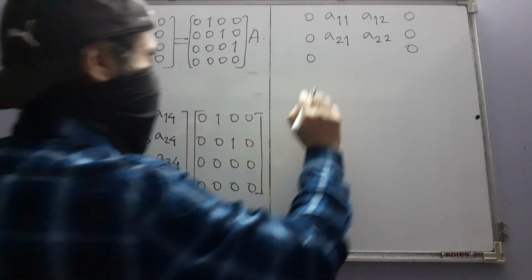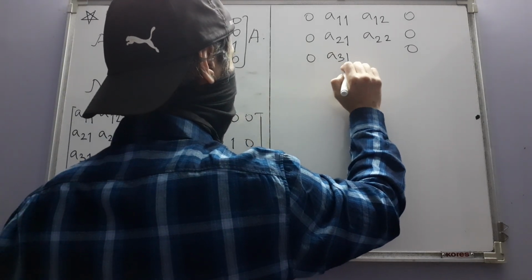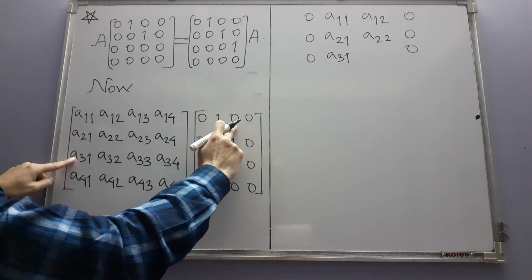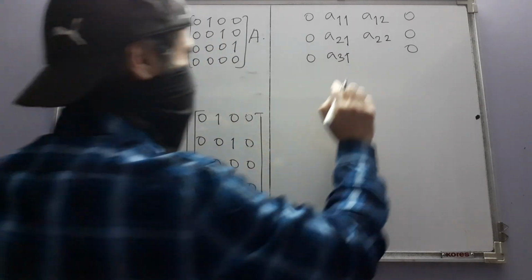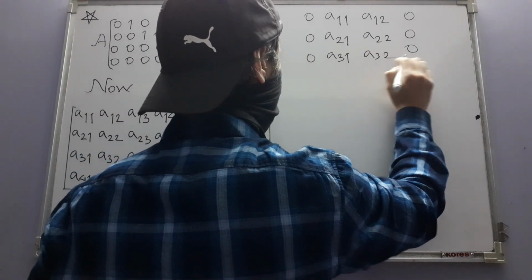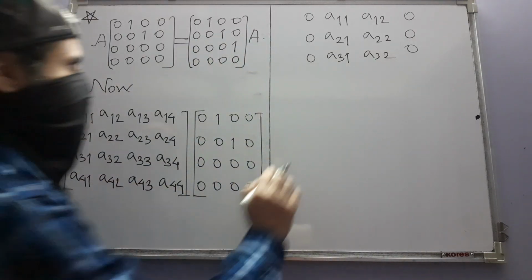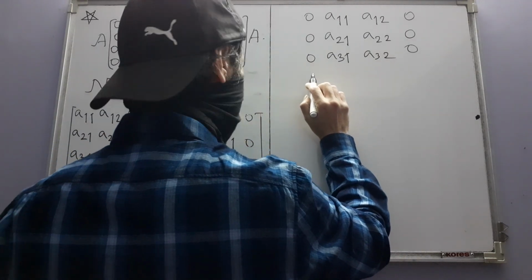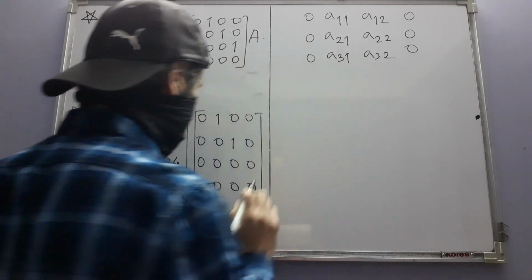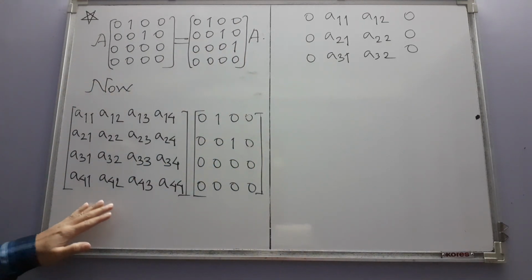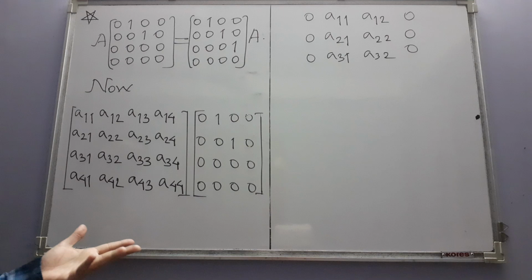A31, A32. Like that. Now shall we get anything other than this pattern?